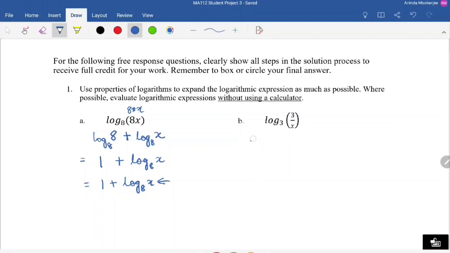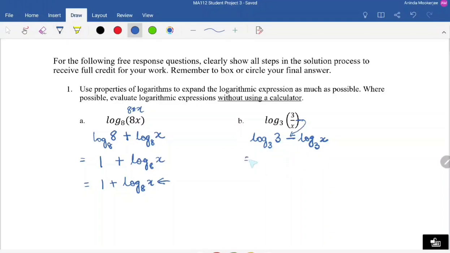So let's do that here. Log base 3 of 3 minus log base 3 of x. Because of this division, we have a subtraction, a minus in between the 2 terms. Now let's see what we can simplify here.